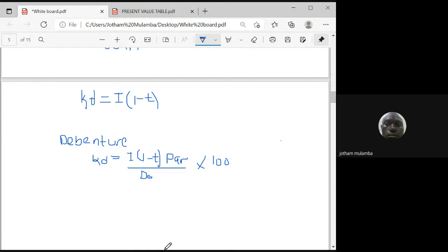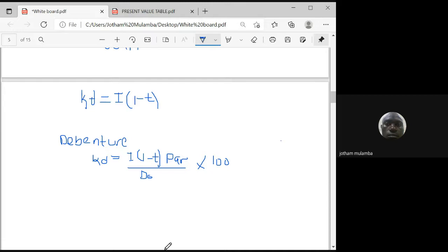So let me explain those three terms so that you are able to conceptualize them. When you talk of at par, that means if one share is selling at 10 shillings, market value is 10 shillings, then we are also selling additional shares at 10 shillings. We are not adding or subtracting any shillings.